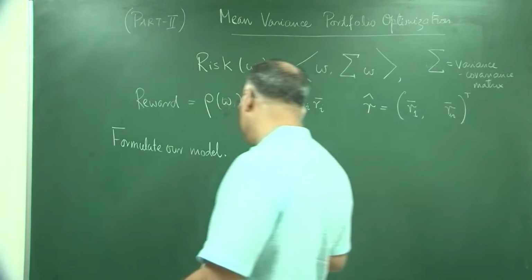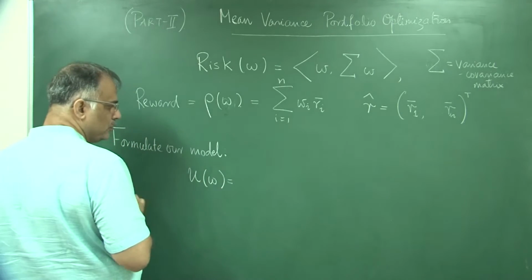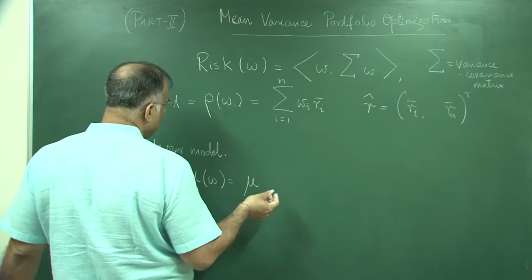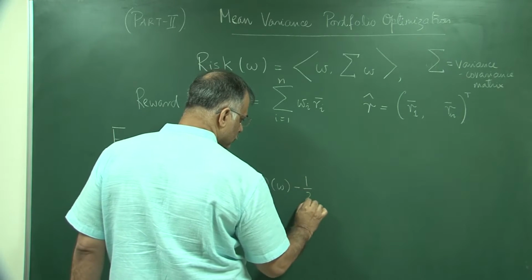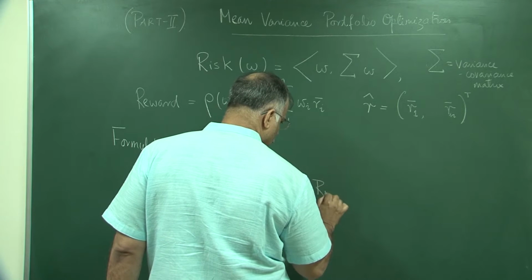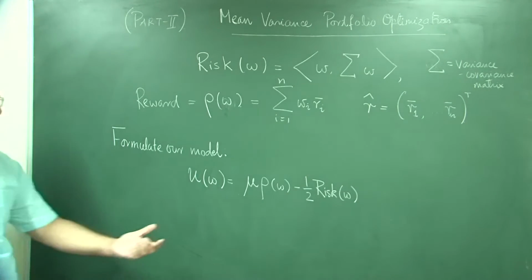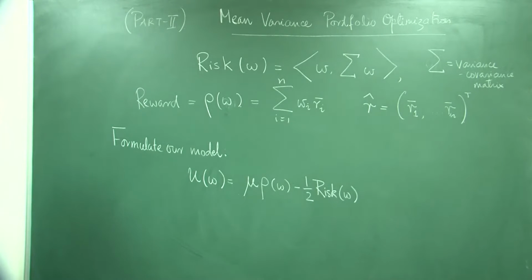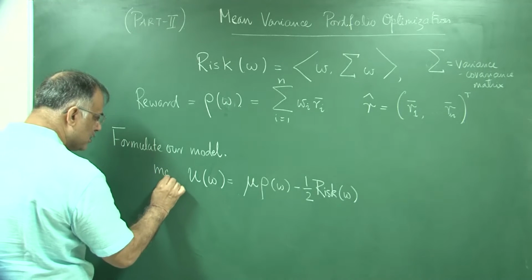So we write my utility when I choose W as some sort of trade-off function with some parameter mu. This is something which I want: I want this difference to be as large as possible.